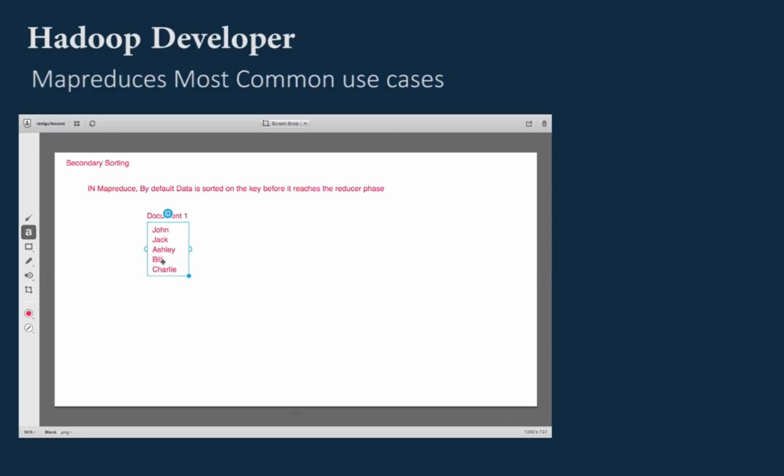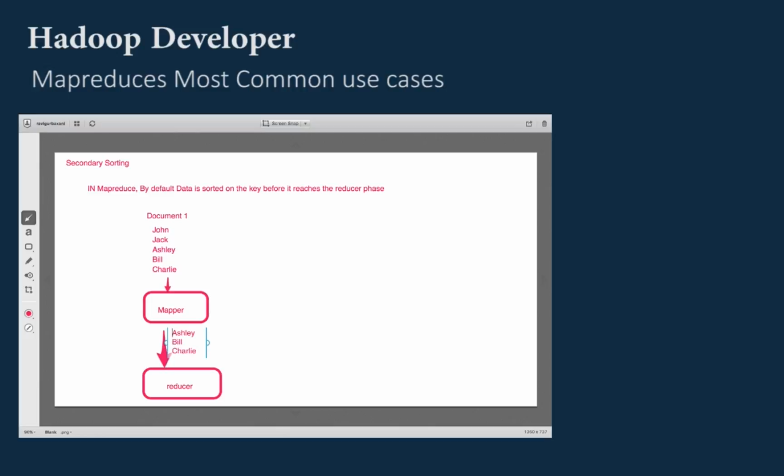if this was the document, or this was the contents of the document, and if they were to pass through a mapper, before they get to the reducer, this would invariably be sorted.